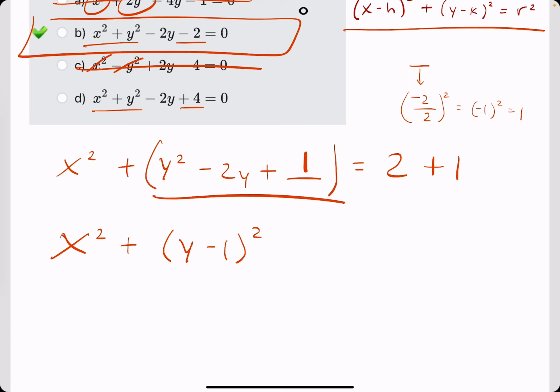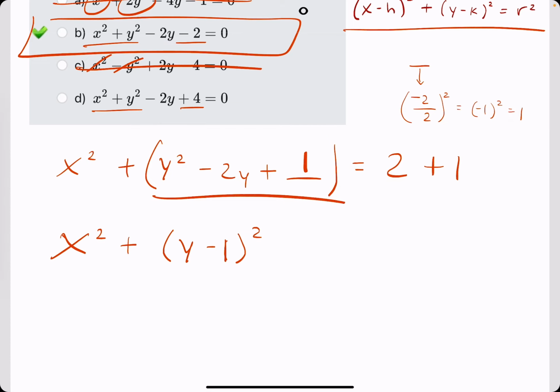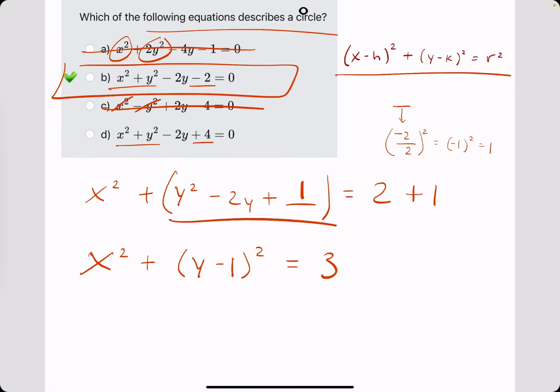So we just get (y - 1)². In other words, if we factored this, we would get (y - 1)². And on the right side, we still have the 3. And now we have an equation of a circle. Look at that, that's pretty cool. So this is an equation of a circle.